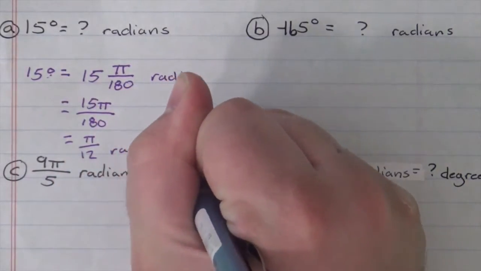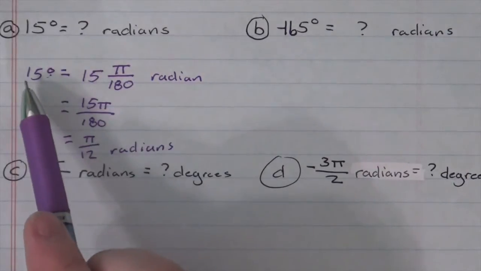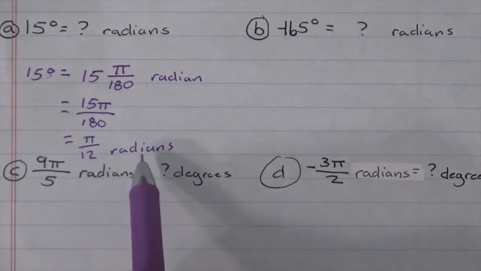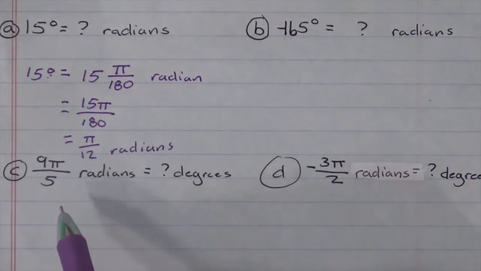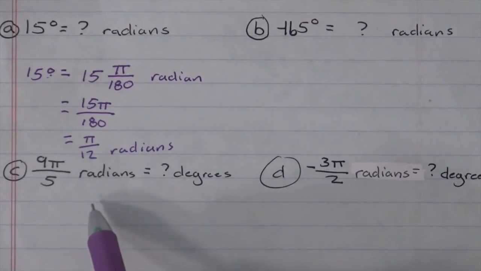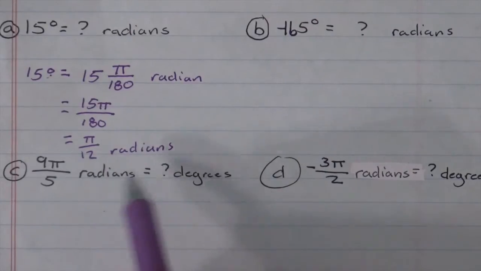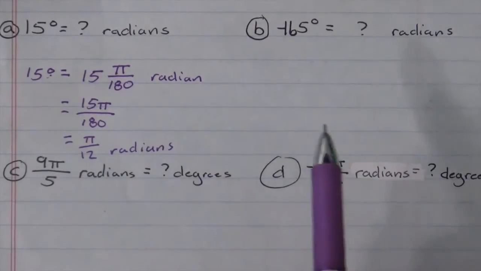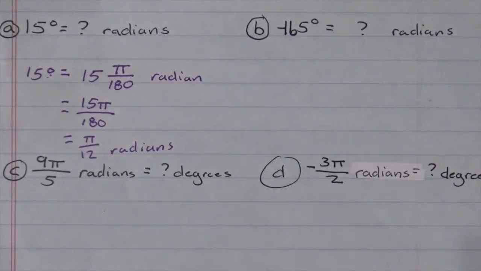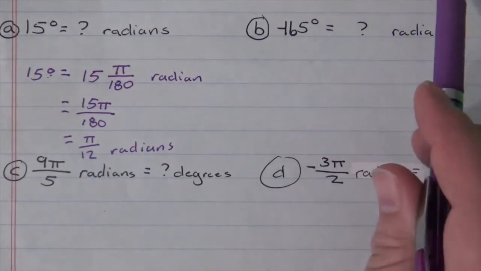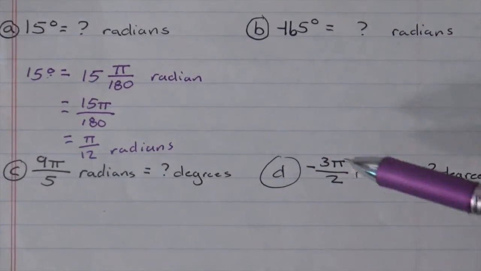So what did we just do? We found out that 15 degrees is really pi over 12 radians. So let's try this one. I've given you radians, and your job is to change this into degrees. Alright, so let's use what we said. I said x radians is equal to x times 180 over pi degrees, according to what I gave you up top.